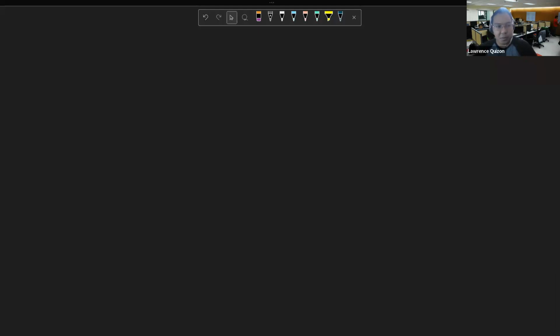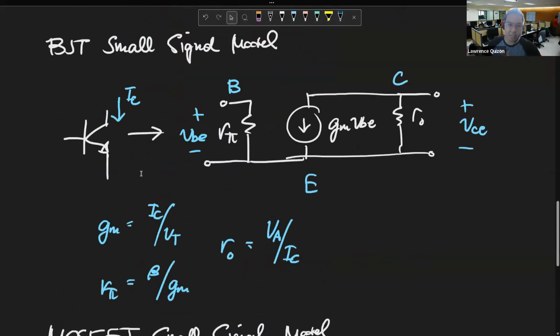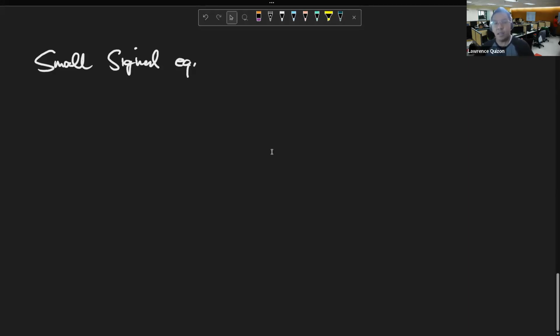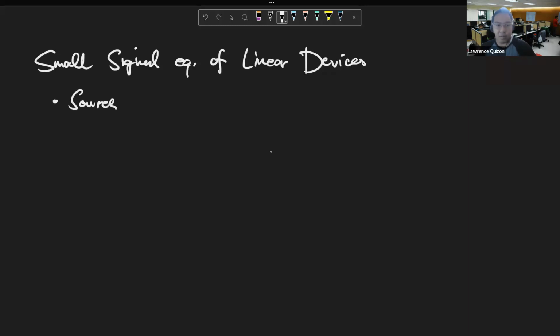So, we know the small signal equivalents of the BJT and MOSFETs. Now let's talk about the small signal equivalents of the linear devices. So this is our sources and resistances.